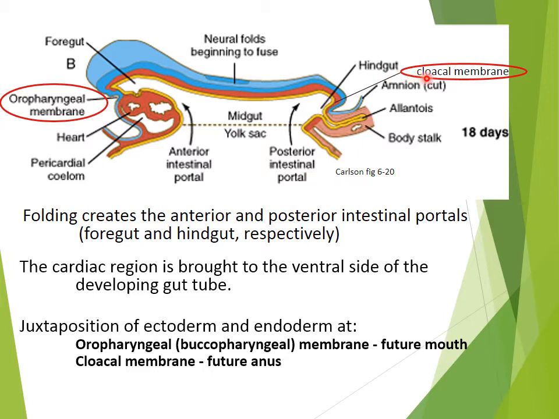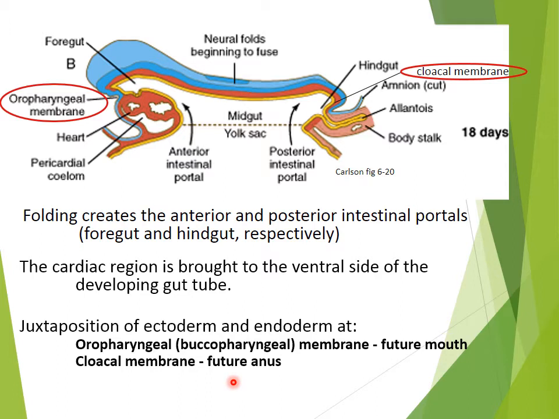And on the caudal side, here you can see again one membrane where there is only the ectoderm and the endoderm without any mesodermal tissue. This is the cloacal membrane.